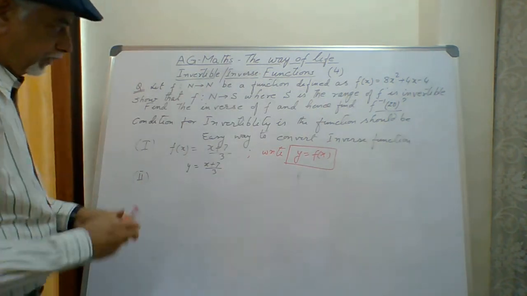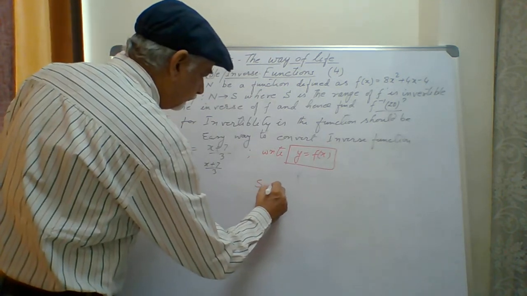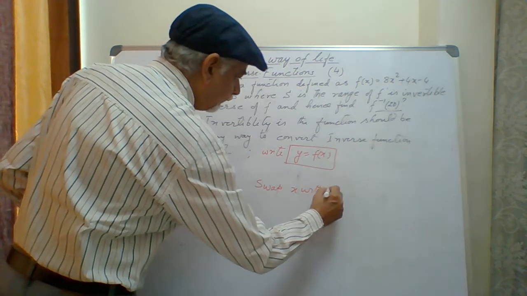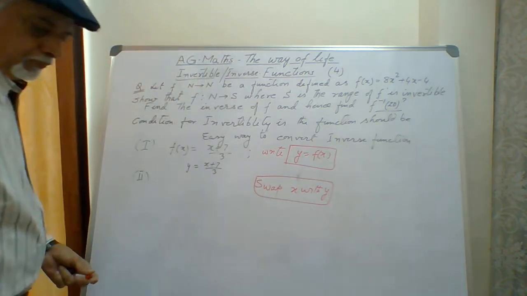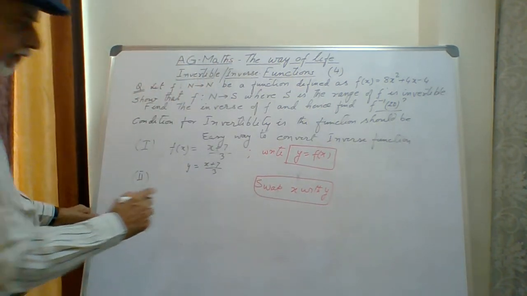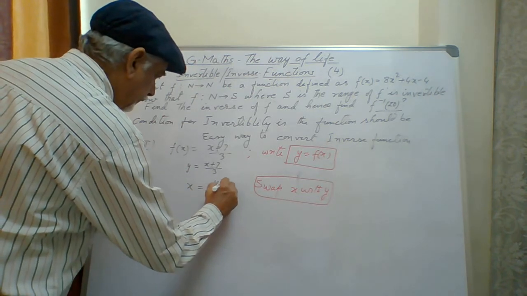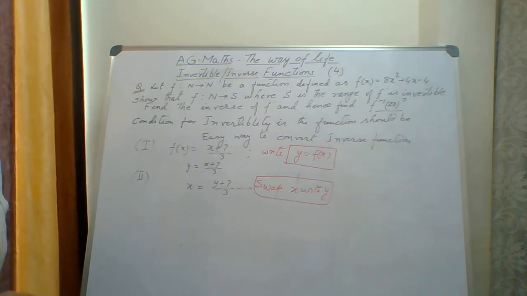Swapping of x with y. So what you are getting is, if I write, x is equal to y plus 7 by 3. This is swapping of x with y.